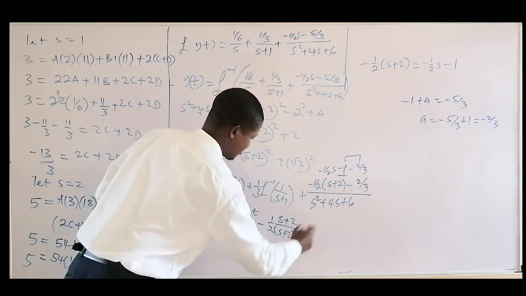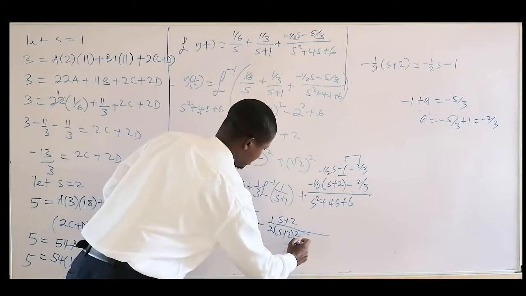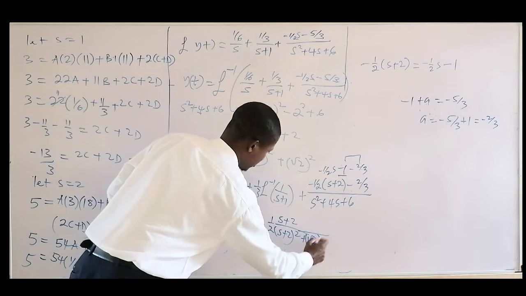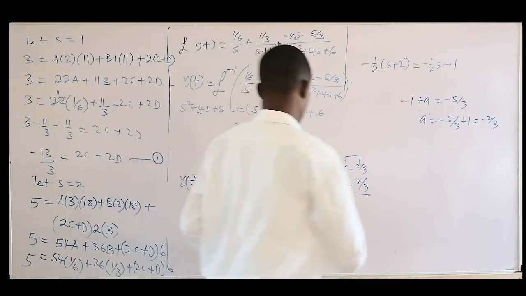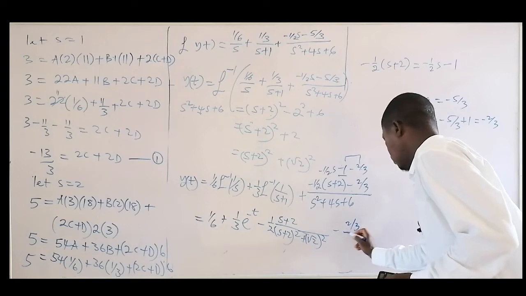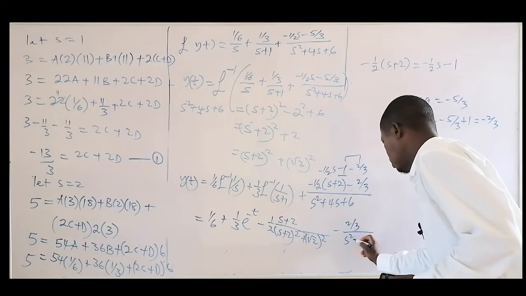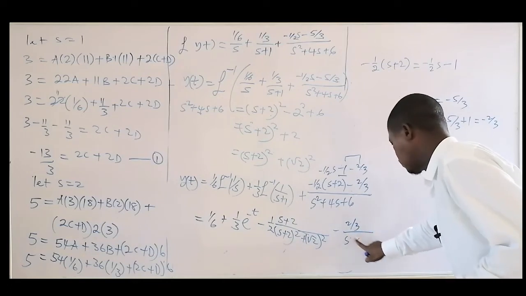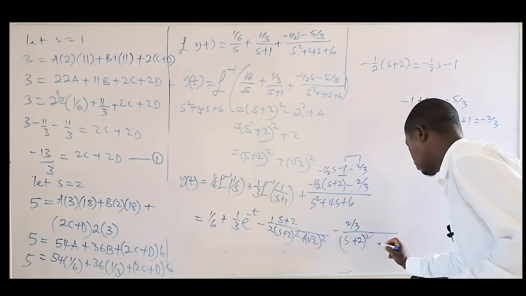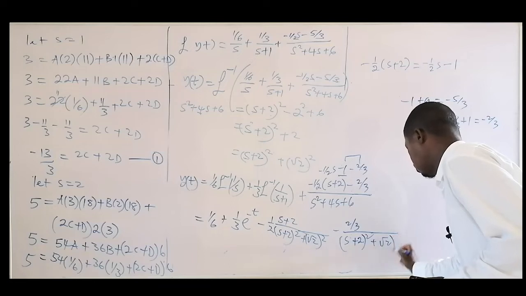We're going to separate that, followed by minus 2 over 3 all over x plus 2 square plus root 2 square.